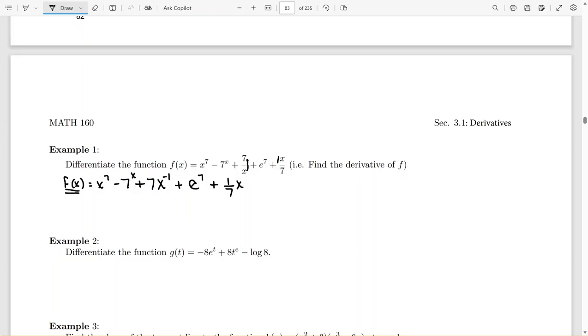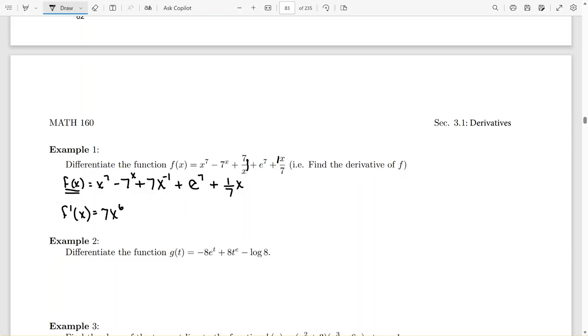Now I'm going to go through and take a derivative by using my power rules. So I have power and exponential rules. So this is a power. I can pull the power down in front, decrease by 1. X is not a power, or it's in the exponential position, so this is an exponential function.